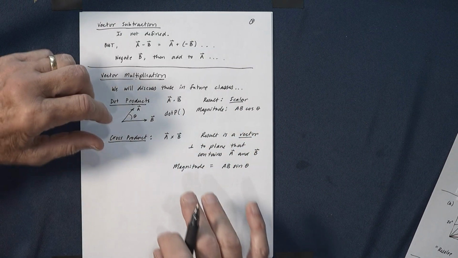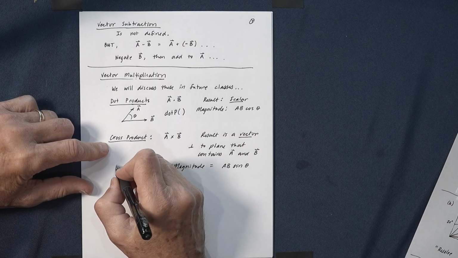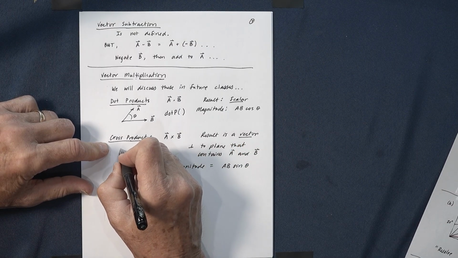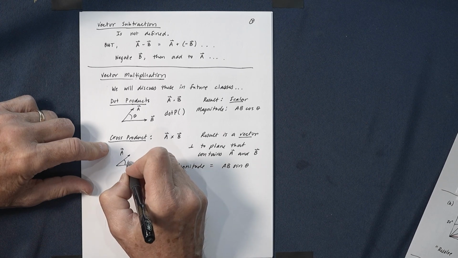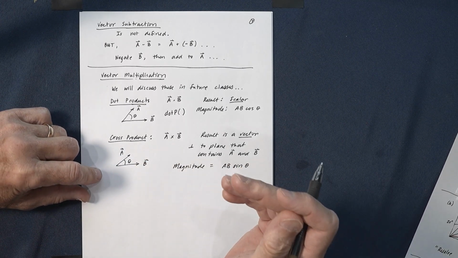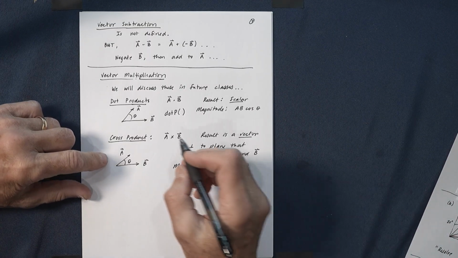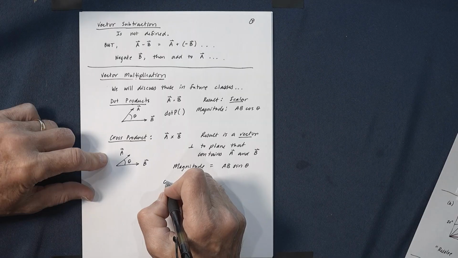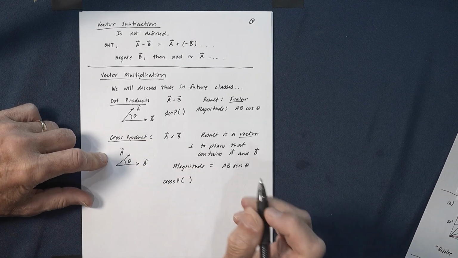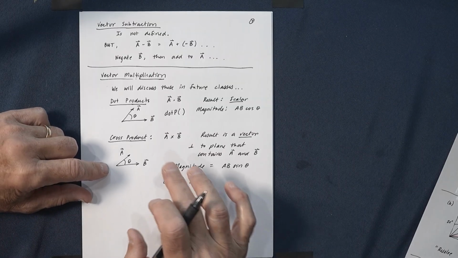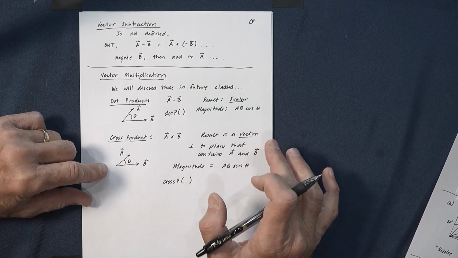So the cross product between two vectors. You have an A vector and a B vector with some angle theta between them. If you cross A cross B, the calculator function is cross P. You take the A vector, cross it with the B vector. The result is a vector.